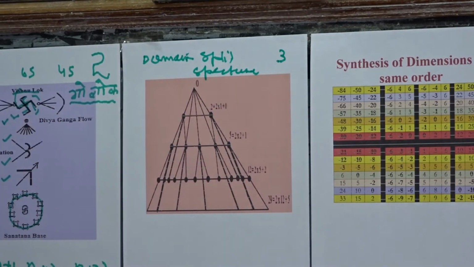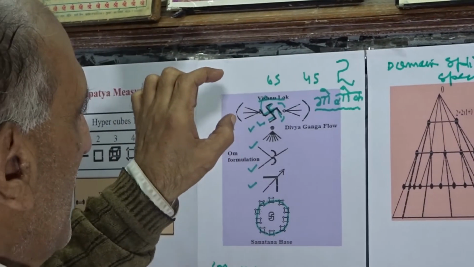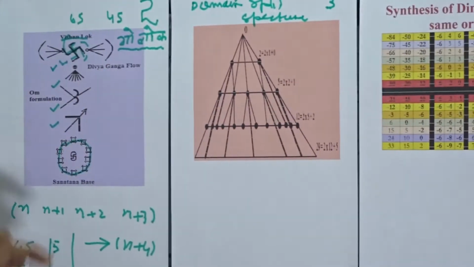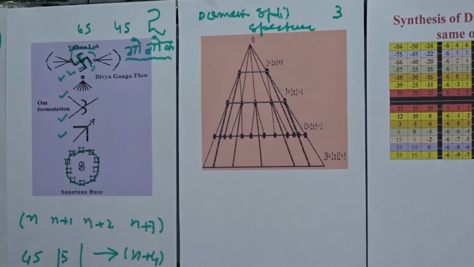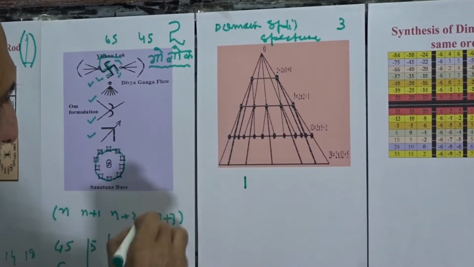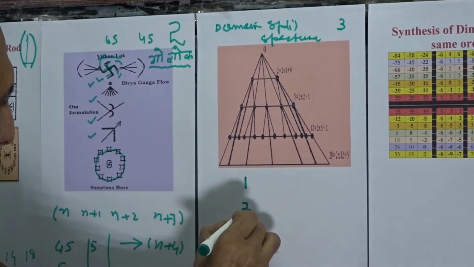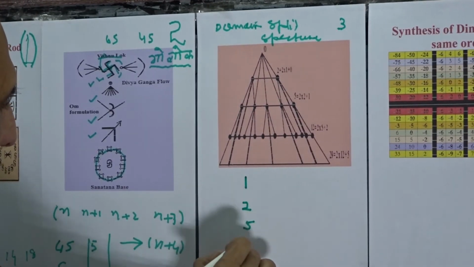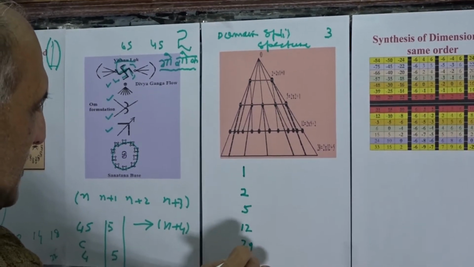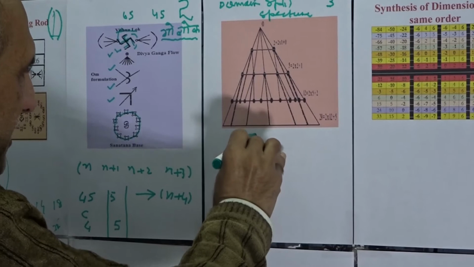First is of a Sthapatya miring rod, second is of a Jyoti flow, Divya Ganga Pravaha, and the third is of domain split spectrum. We had seen that this spectrum is taking us to single entity, to pair of entities, to fivefold, to 12-fold, 29, 70, and this is the split phenomenon.